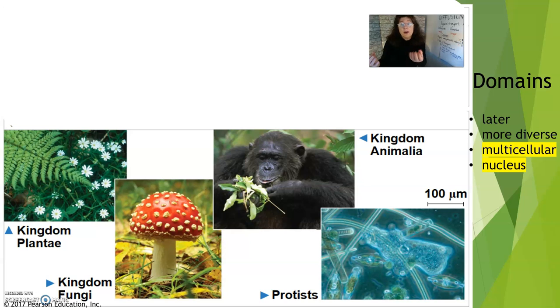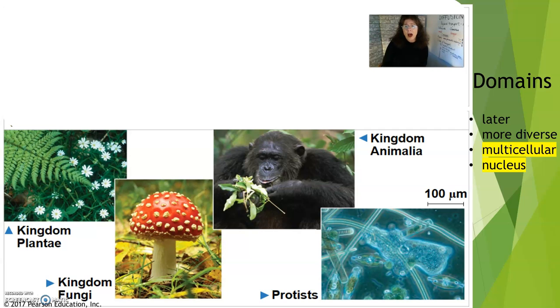You've got gorillas there next to mushrooms, next to daisies. And here we have protists, which are their own, I don't know, are they animals? Are they fungi? Are they plants? Nobody knows really how to classify protists because they operate in all sorts of domains. We'll get into that in a second.